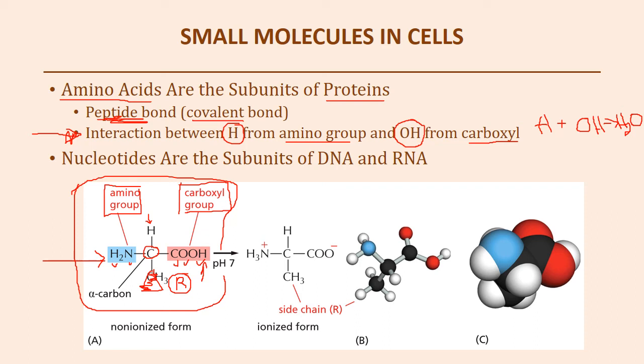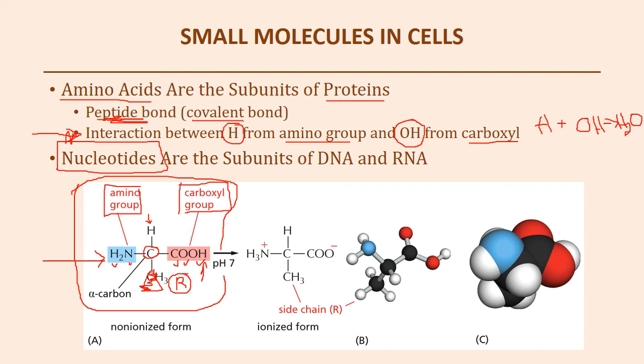I just kind of want to look at our last macromolecule, which is going to be our nucleic acids. These are going to be things like your DNA molecule and your RNA molecule, and what we see is that their monomers, their subunits, are going to be the nucleotides. So we talked about this in chapter 1 already.